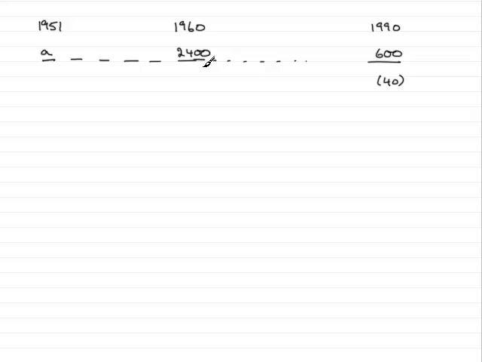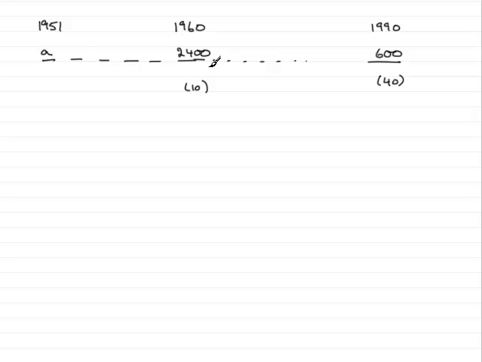And to do that, we can see that if this is the 40th term, from 1951 to 1990, if you were to subtract 1951 from 1990, what you're going to get is 39, and this is one more. So if I was to subtract 51 from the 60 here, that's going to give me 9. If I add one more, this will be the 10th term in the sequence.